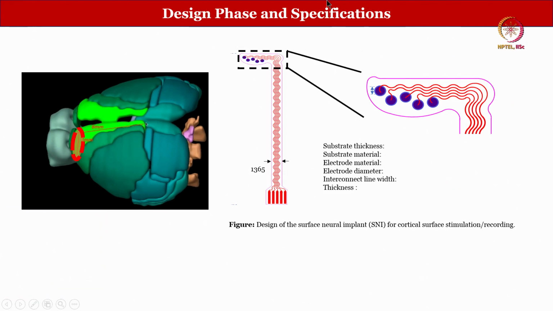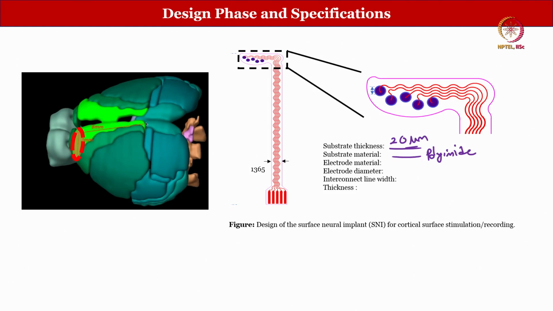So, let us say you have fixed all these things, some numbers, like substrate thickness, which you have taken as 20 micron, and the substrate material you have finalized as polyimide, because this is one of the best materials that we can use. One, it is compatible with MEMS based fabrication processes, and the other thing is it is a biocompatible material. First of all, that is very important.